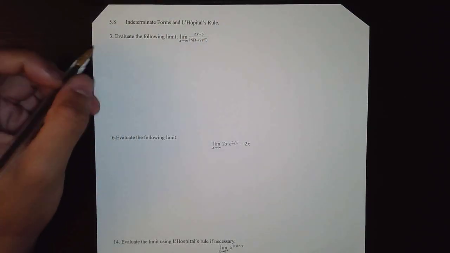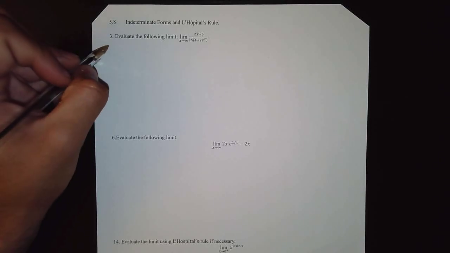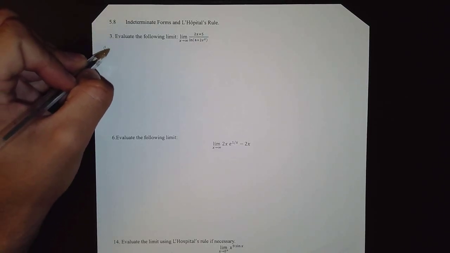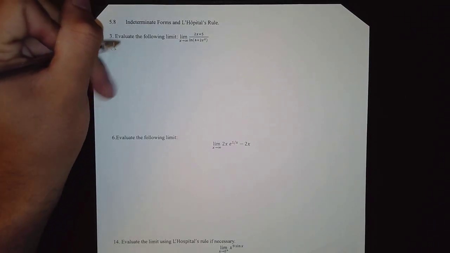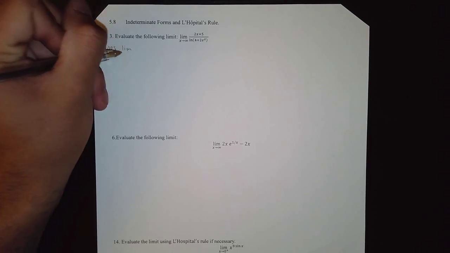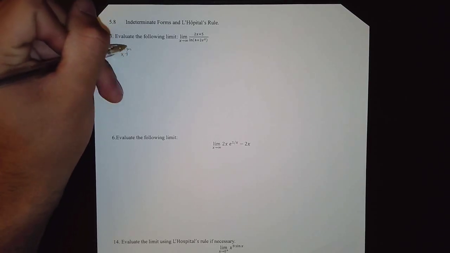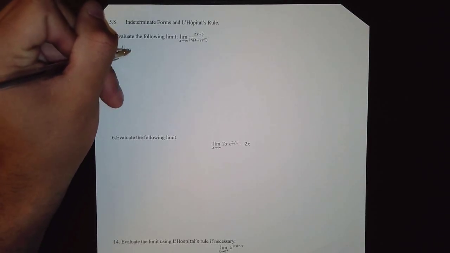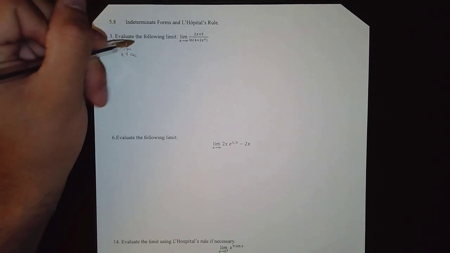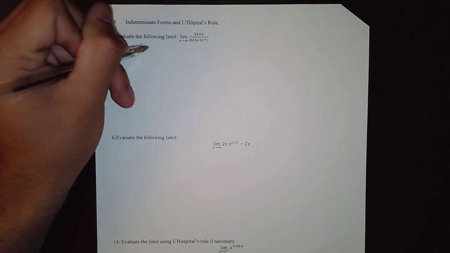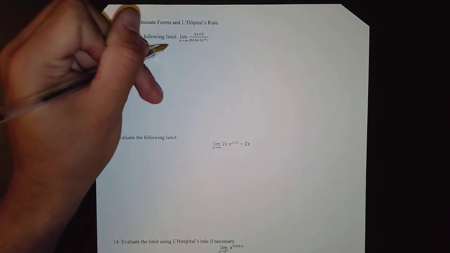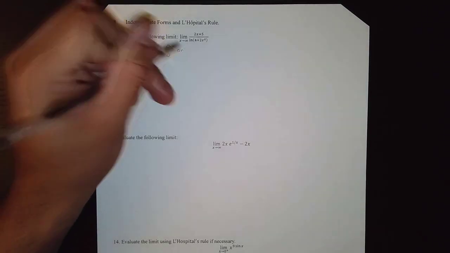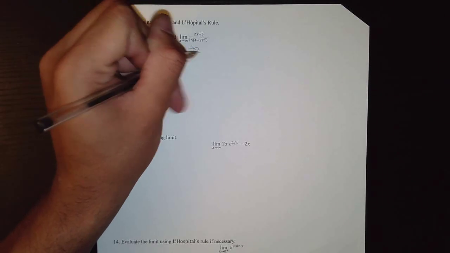And so the first thing that we should check is: does the limit as x approaches infinity of f of x divided by g of x equal 0 over 0 or infinity over infinity?